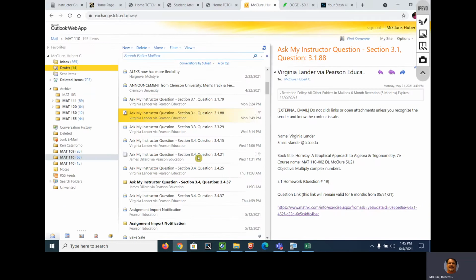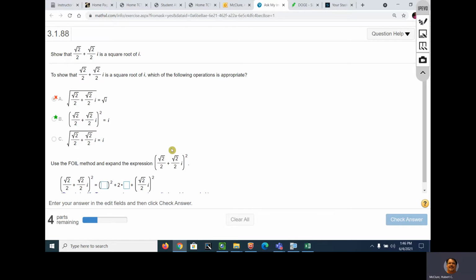3.188/19. It says: prove that the square root of 2 over 2 plus the square root of 2 over 2 i is equal to the square root of i.